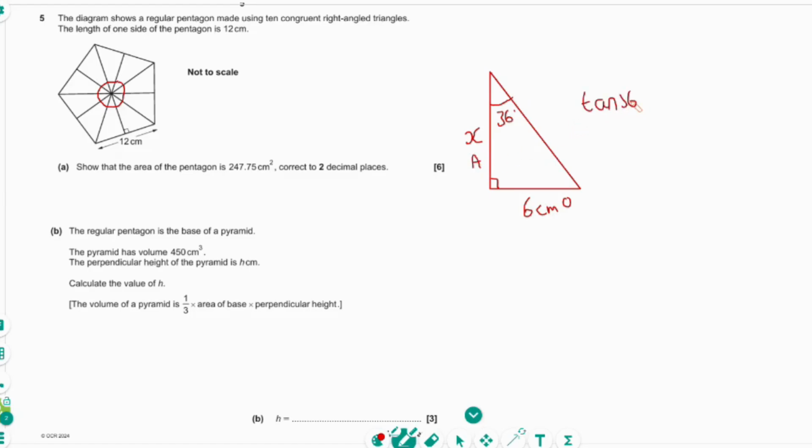Tan 36 equals O over A. O is 6, A is x. Times both sides by x, then divide both sides by tan 36. Six divided by tan 36 is 8.258.